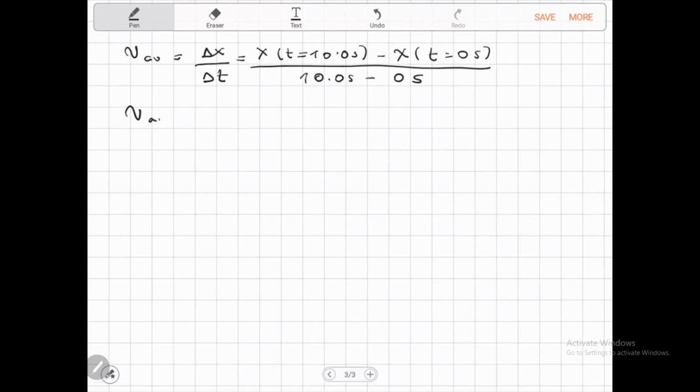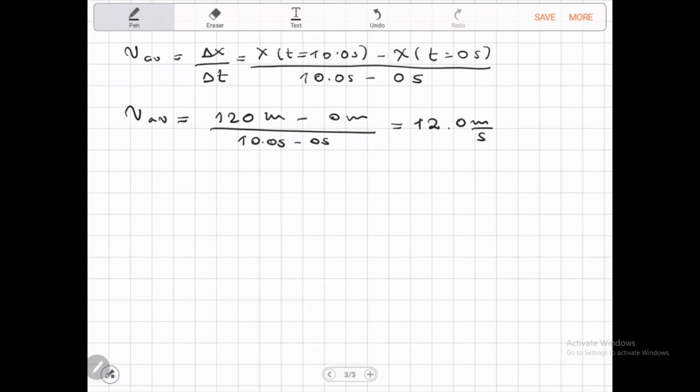The average velocity is going to be, we remember that x when t is equal to 10 is 120 meters, and the position when t is equal to 0 is 0 meters, divided by 10 seconds minus 0 seconds. This is equal to 12 meters per second.